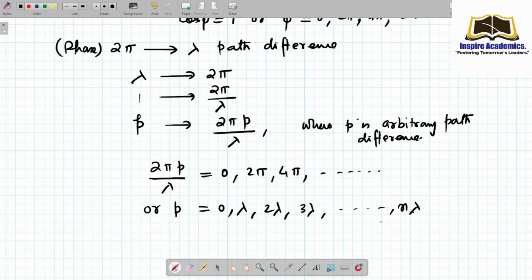So what we are saying is that the resultant intensity at a point is maximum when the phase difference between the two superposing waves is an even multiple of pi, or the path difference is an integral multiple of wavelength. Is that correctly understood? Yes or no? So this is the condition for constructive interference.